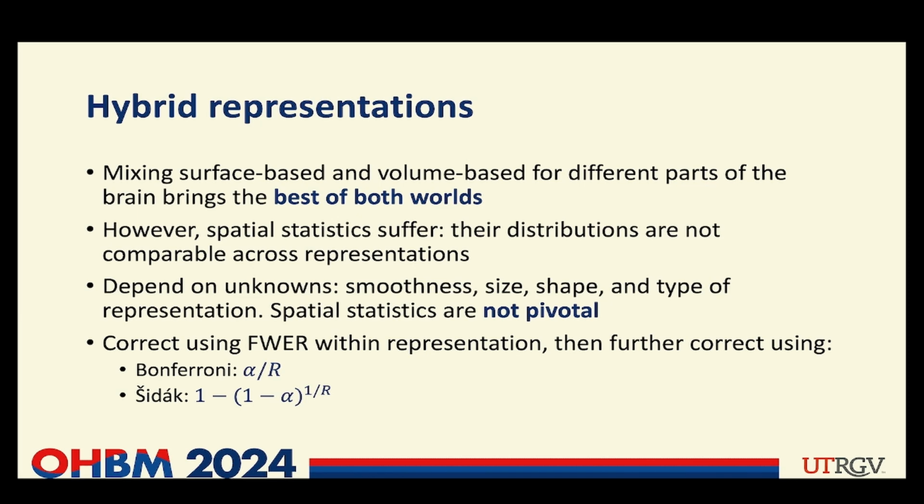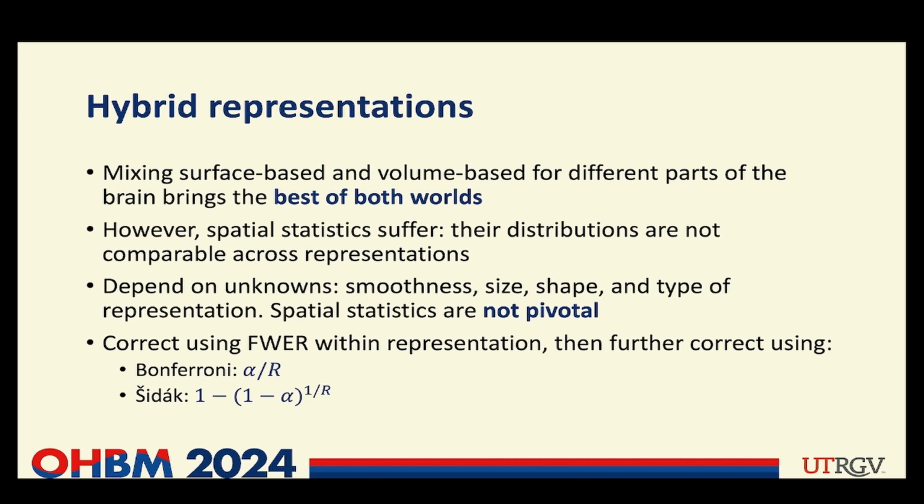So the way that exists today to accommodate this, that's the only solution, I'm afraid, is using Bonferroni or this other method called CDAC, which is very similar, but just a little bit more powerful than Bonferroni. The idea is this. You still use the other methods, let's say random field theory or permutation test, to correct for multiple testing, considering each of those representations separately. But when you combine them, then you use one of those methods.